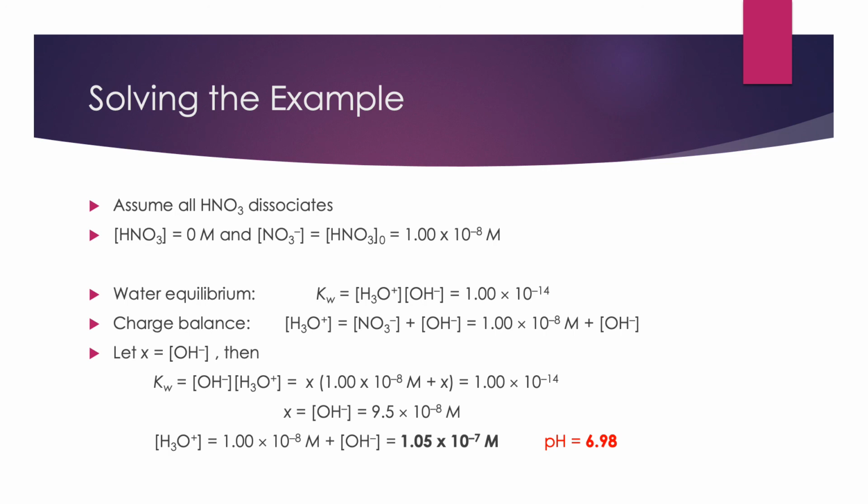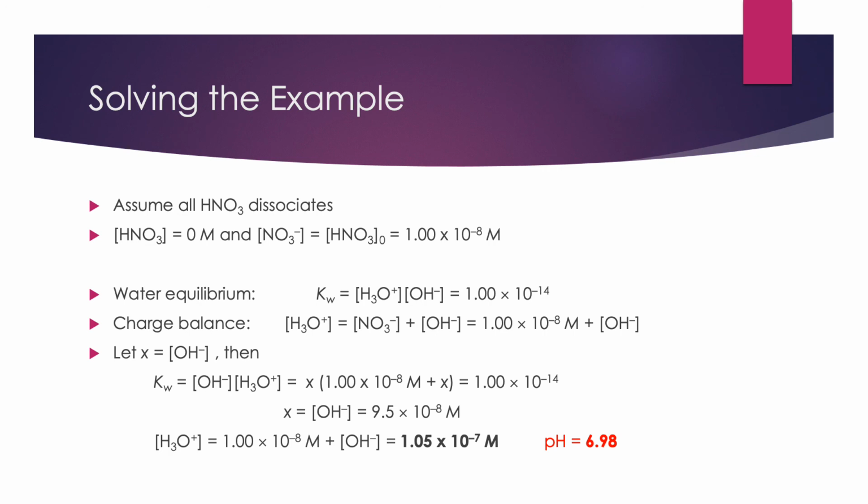If you don't like solving things by hand, you can always plug it into Wolfram Alpha. I'm not going to go through that detail here, but what we find is that the value for X is 9.5 times 10 to the minus 8. Now notice 9.5 is very close to 10. So the hydroxide ion concentration is very close to 10 to the minus 7, a little bit smaller.